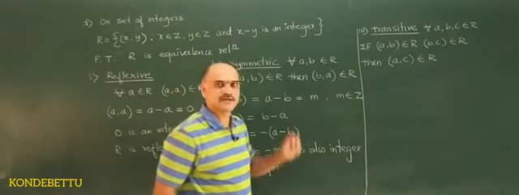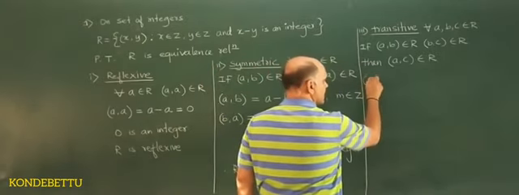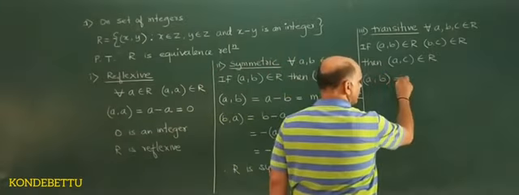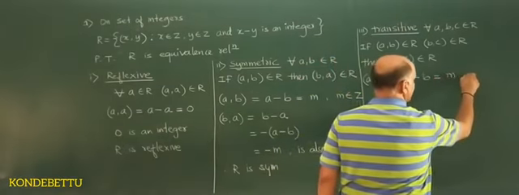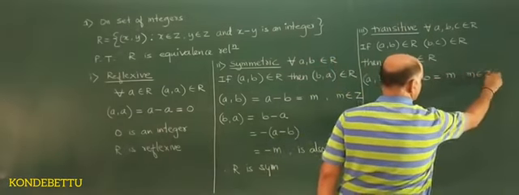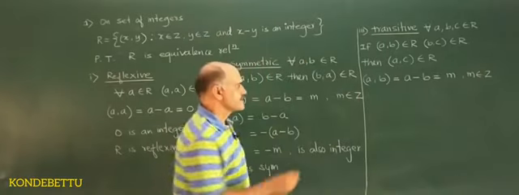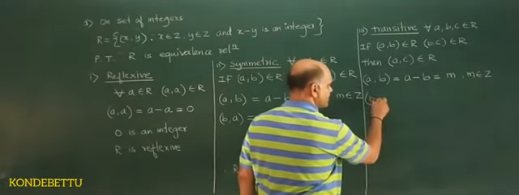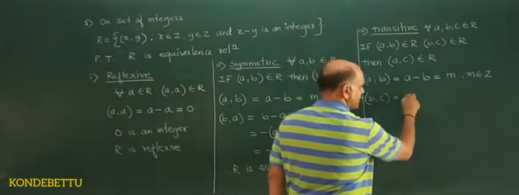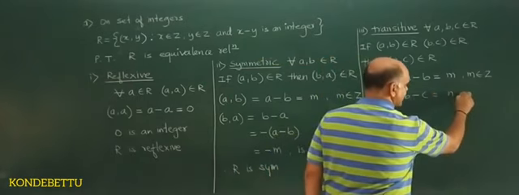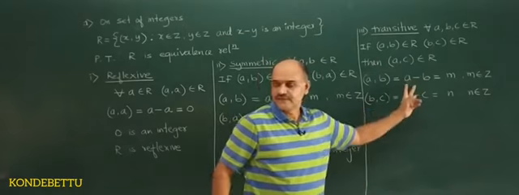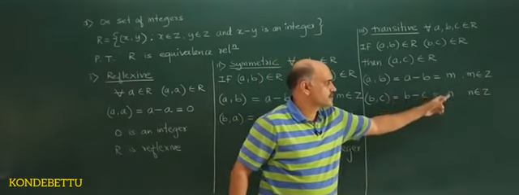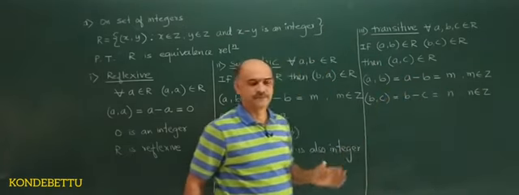(a, b) is given, (b, c) is given. So (a, b) is a minus b, I will take it as m, where m belongs to Z. Similarly, (b, c) is b minus c, I will take it as n, n belongs to Z. This is different, so these two terms you should take different.